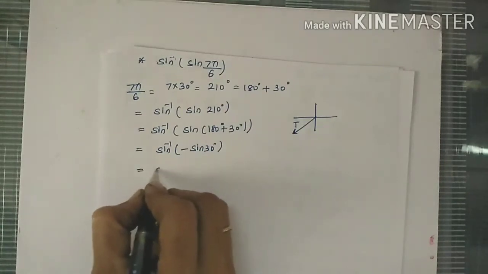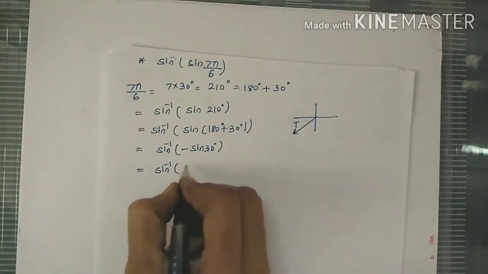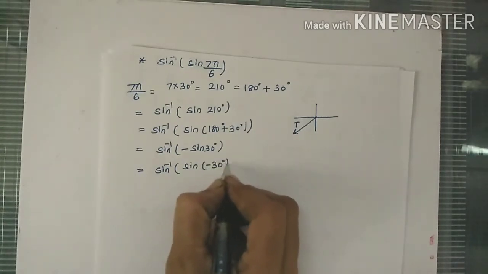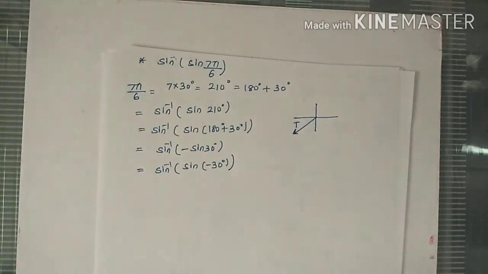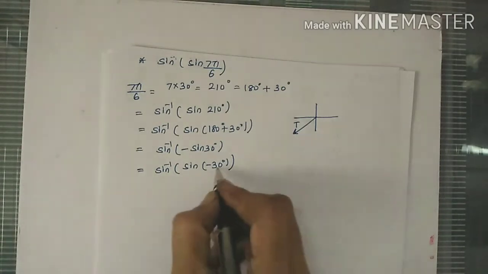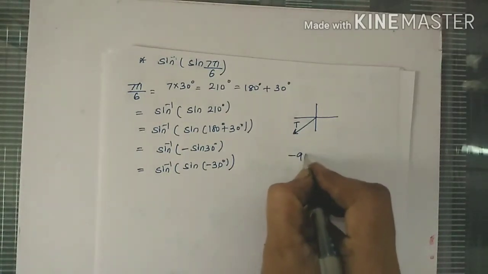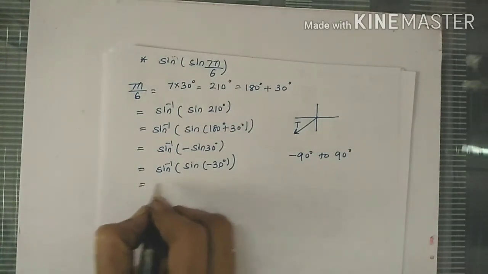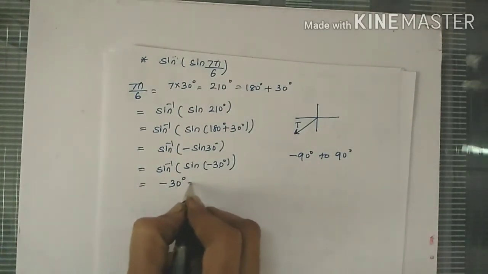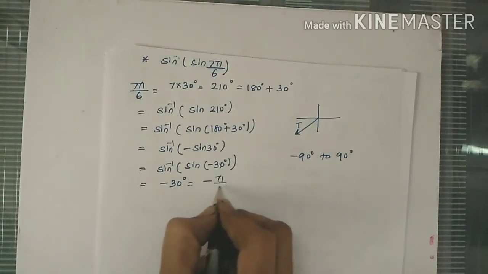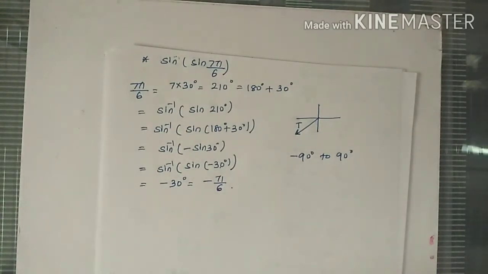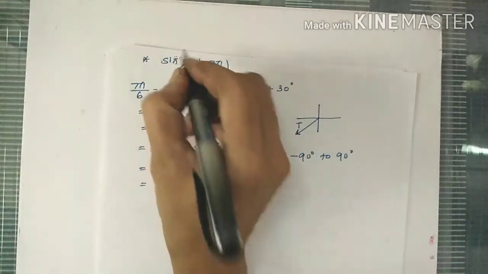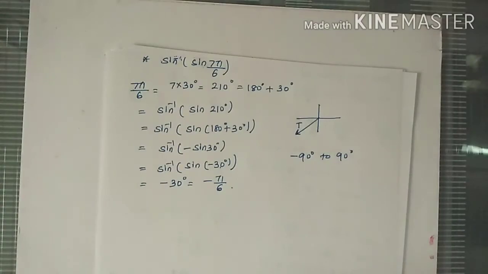The simple trick to convert this is to just put the minus sign outside, because sine of minus theta is minus sine theta. Now minus 30 degrees lies between minus 90 and 90. So our answer is minus 30 degrees, that is minus pi by 6. So sine inverse of sine of 7 pi by 6 is minus pi by 6.